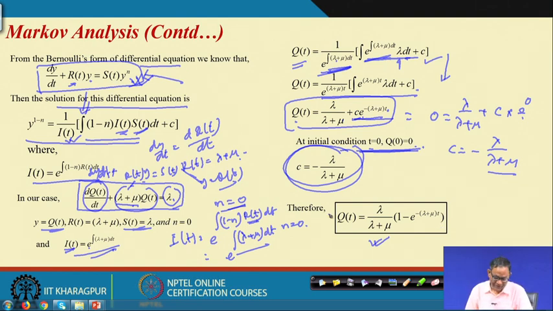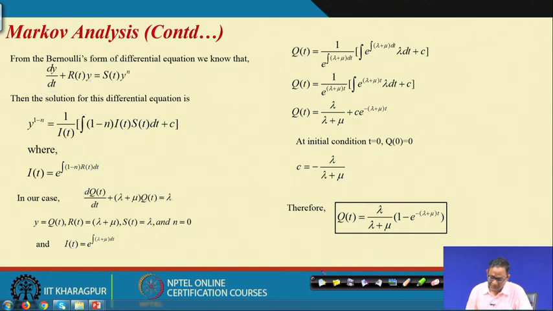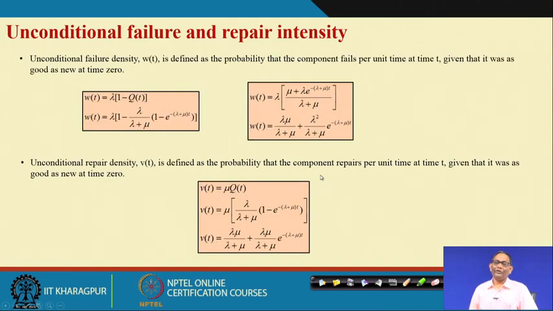So, this is the equation we have obtained using Markov analysis, and this is our unavailability equation. So, if you know the unavailability equation, and we have seen in the last class how this unavailability is related with unconditional failure intensity and unconditional repair intensity, last class you recall.